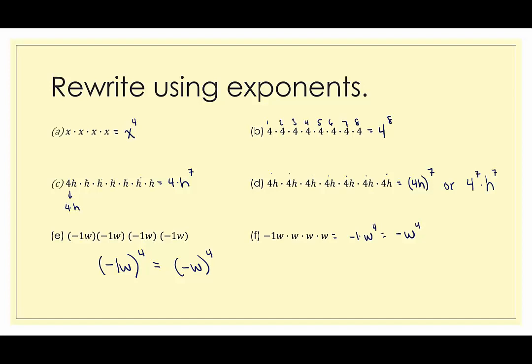Now we need to be careful here, because if we plug in a number for w, let's say we plug in 3, in letter E our final result will be positive, because it's going to be negative 3, 1, negative 3, 2, negative 3, 3, negative 3, 4. That's going to multiply to positive 81. Whereas in letter F, w of 3 to the 4th, well, 3 to the 4th is 81, and then we're putting the negative in front of that 81, so the answer in letter F would be negative 81.